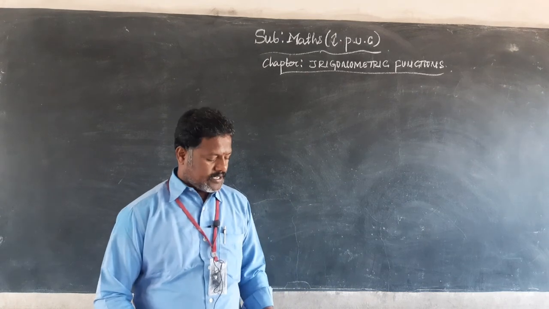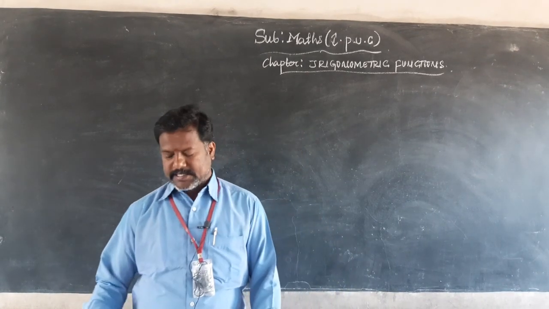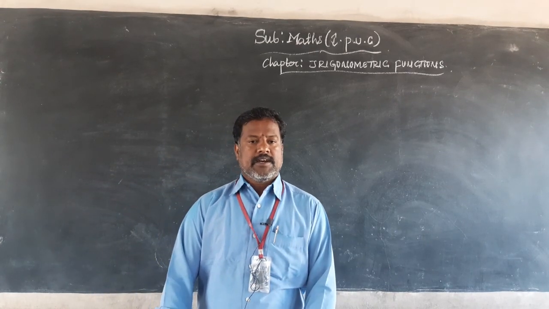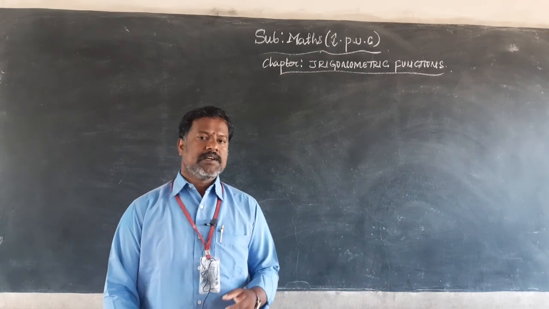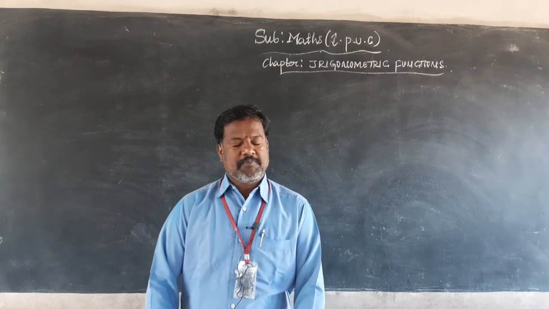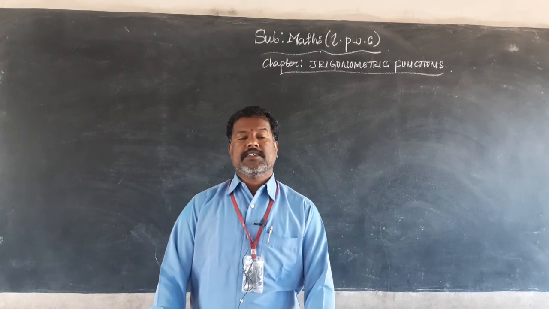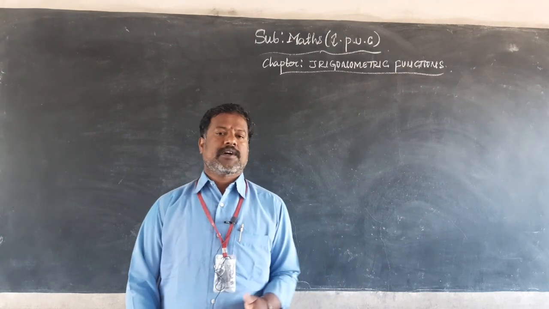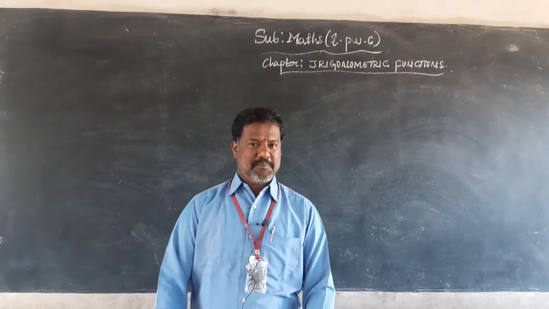Dear students, in the previous class video we discussed clearly and thoroughly the main important trigonometric identities. There are 8 boxes. I need not explain those once again. After that, we practiced clearly how to convert radian to degree and degree to radian measure.